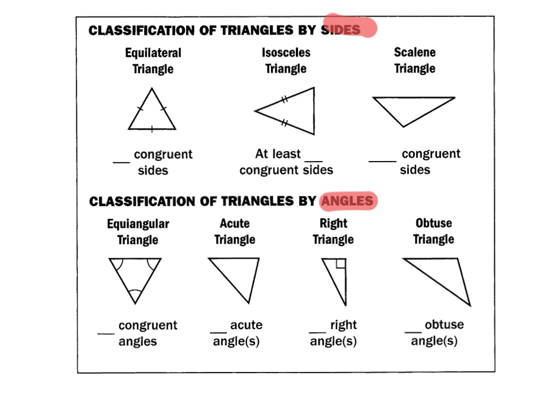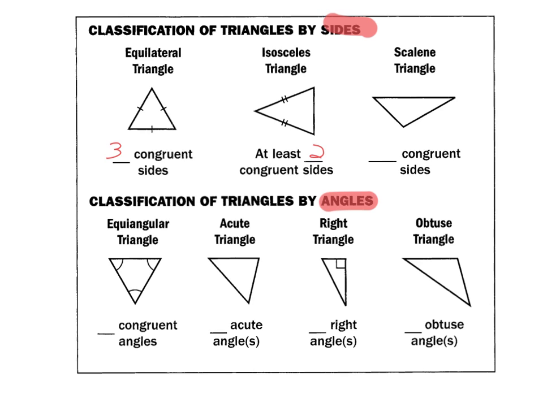Obviously, equilateral triangle, equilateral, it suggests just that. It's all equal. So equilateral triangle has all three congruent sides. And this one, at least two sides are congruent. That gives you an isosceles triangle.